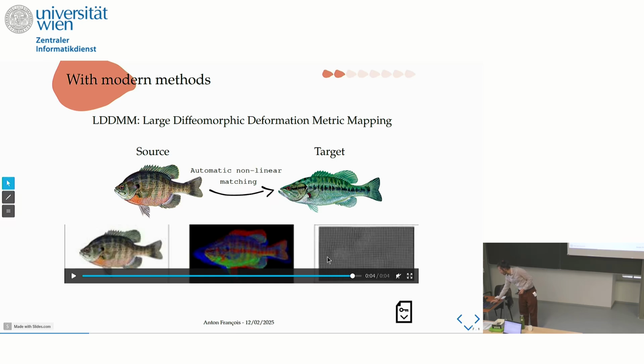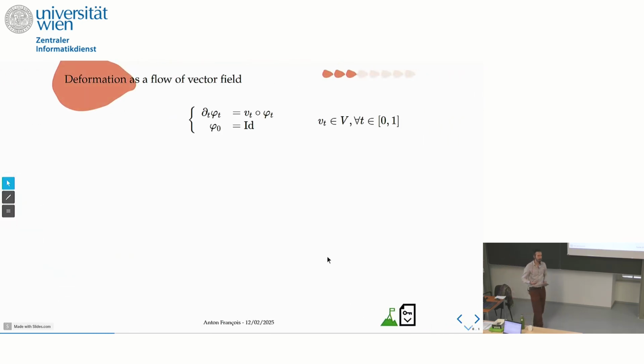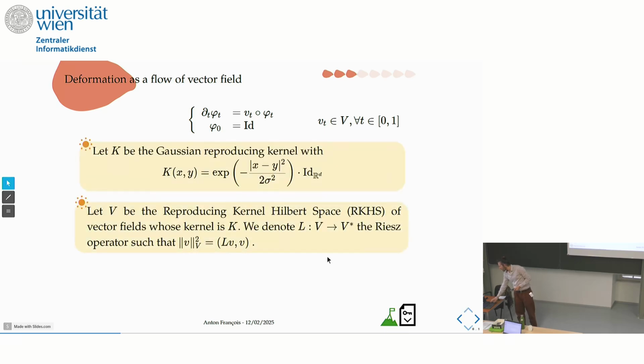So how do we model the deformation in LDDMM? It's a flow of vector fields. We take the derivative and integrate over V, which are the vector fields. We want all the vector fields to be part of an admissible vector space. I chose the reproducing kernel representation, so we define a reproducing kernel.